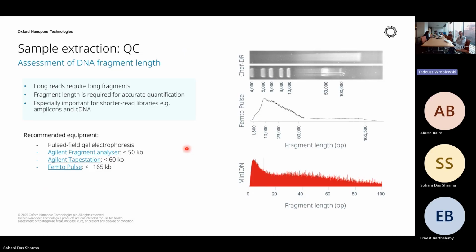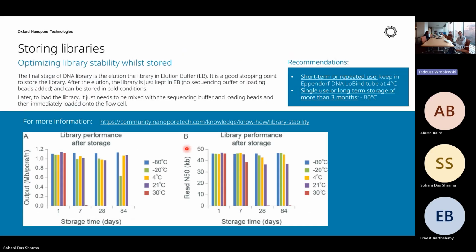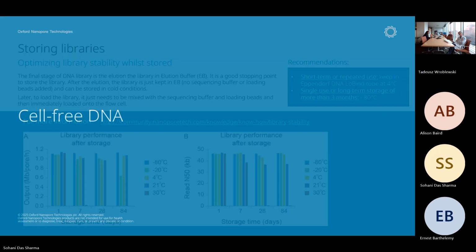But it is very important to assess the fragment length distribution before we move to the library preparation step. Store the library at 4 degrees for the short term, and for the long term at minus 80, which is what Nanopore recommends.